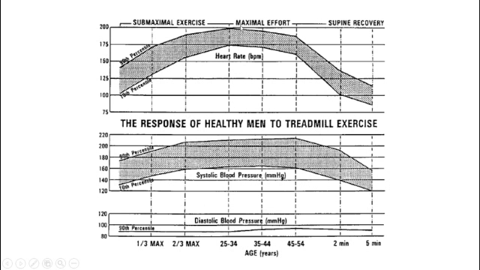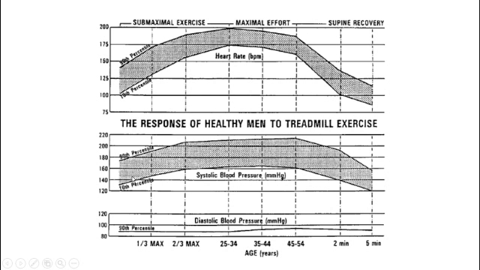Once they hit their maximal effort, that heart rate's going to plateau because the heart rate can't keep going up if they've reached their maximal ability. We touched on this concept when we talked about stress testing. And then of course, once they've stopped their physical activity and they're resting or recovering, the heart rate is going to go back down until it reaches their resting level.